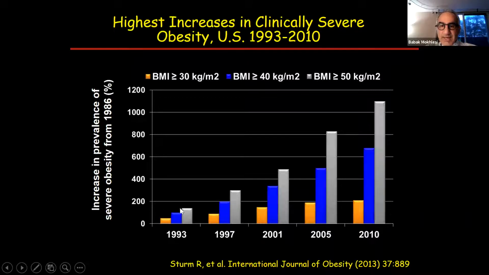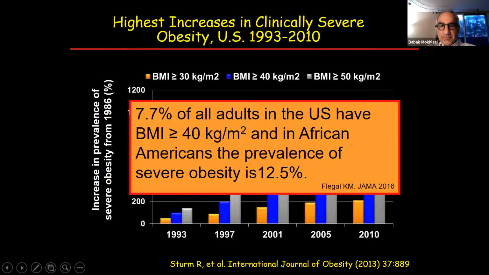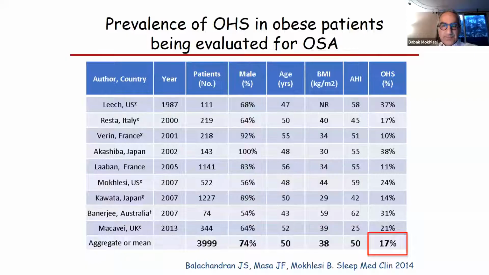But you can see that BMIs above 40 and above 50 are actually going up. The latest the CDC published was in 2016, so hopefully soon they'll publish another analysis. But in the latest, they said close to 8% of US adults have severe obesity, defined as BMI above 40. And in the African-American population it's higher, as you can see in the slide here.